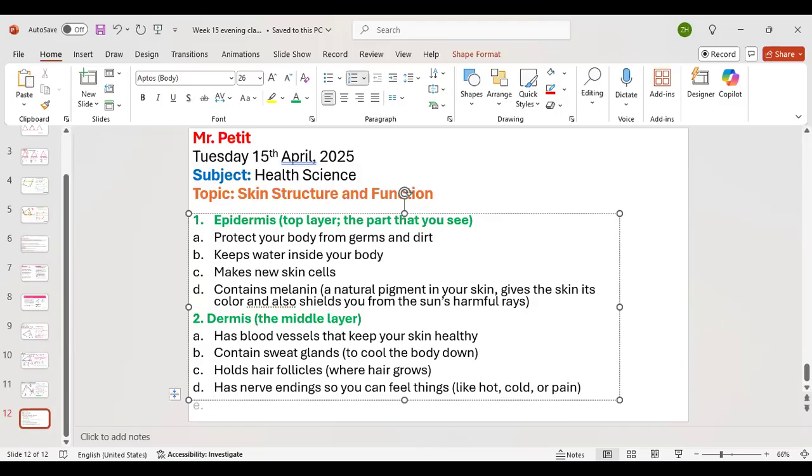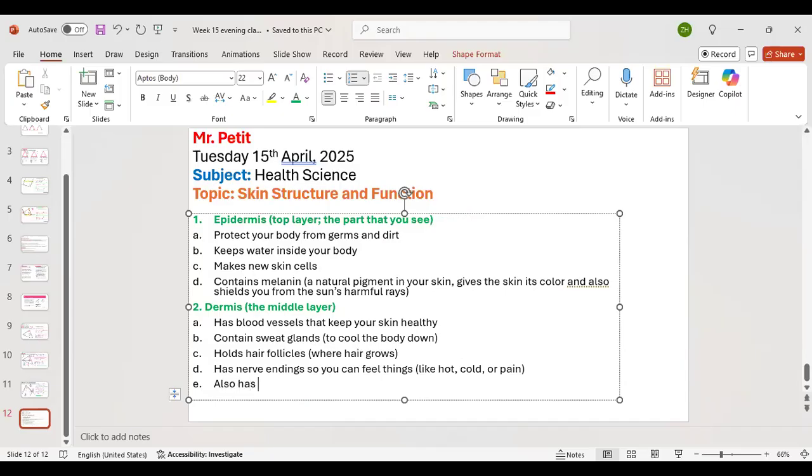And it also has oil glands to keep your skin what? Oily, moisturized, lubricated.